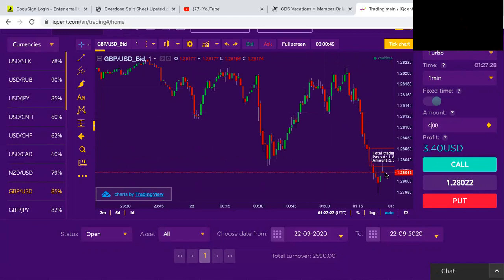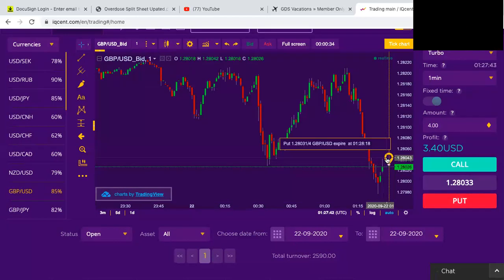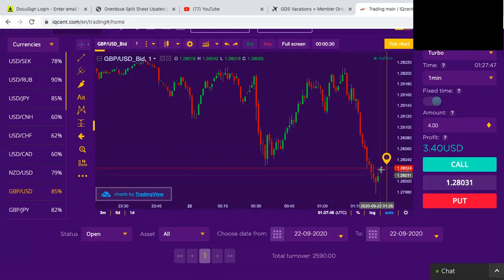It's still showing green and red here. It hadn't really made a decision, but because it looks like the market is moving down, I'm going to go ahead and take a put. The candle was once up here but pulled back to here, which is an indication that it was in a downtrend.